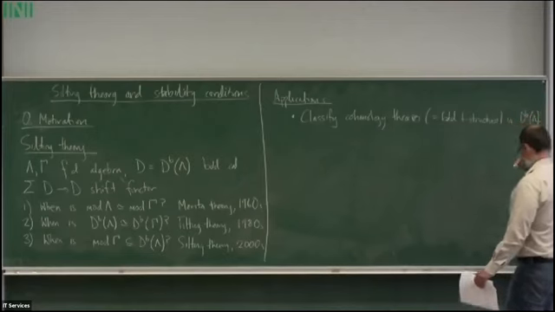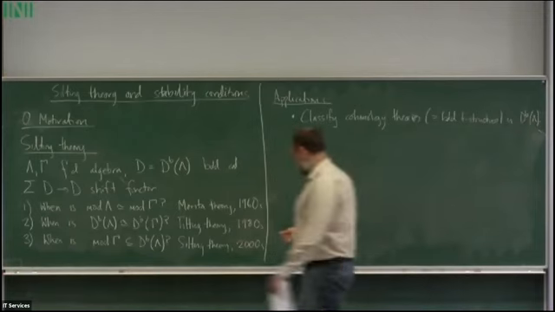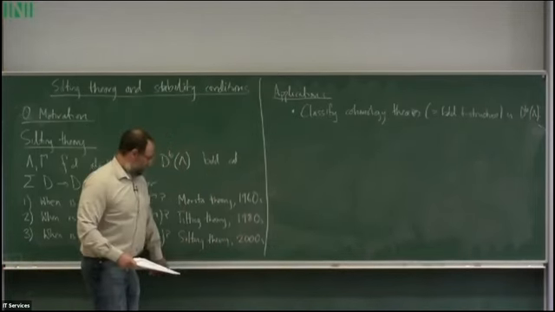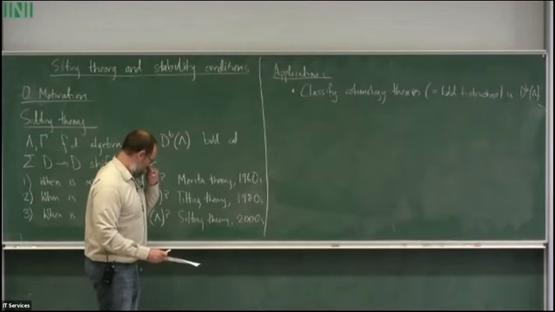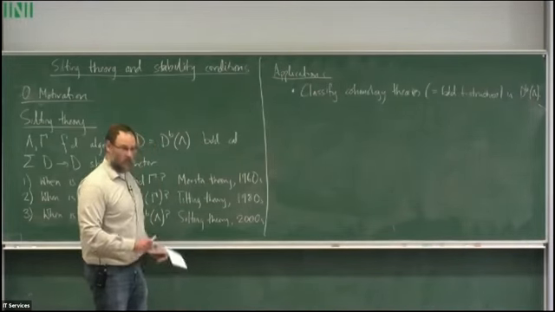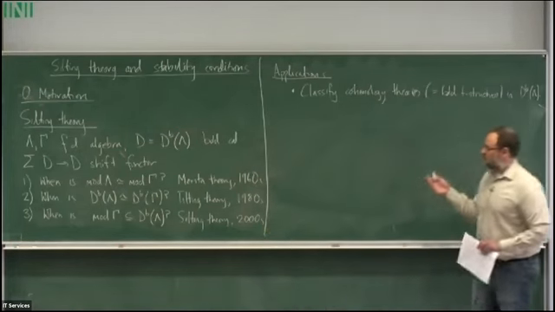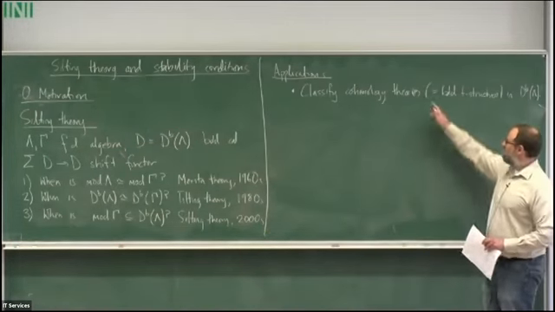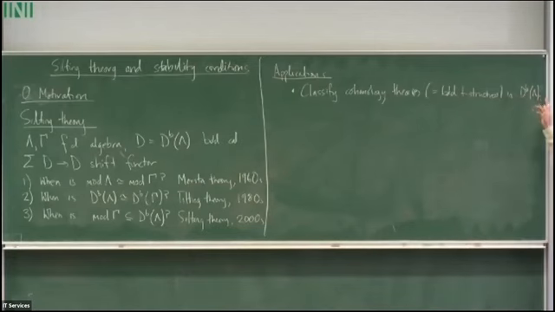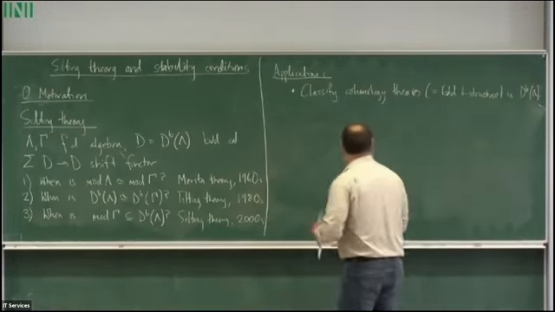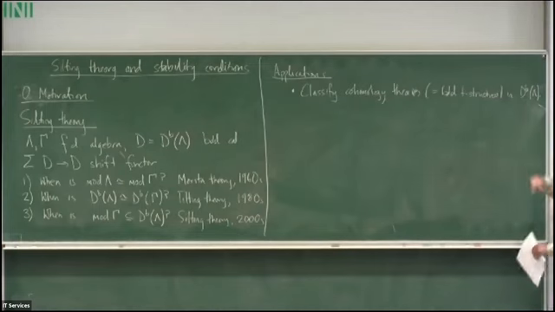Right. Actually, I'm kind of lying a little bit here when I say silting theory goes back to the early 2000s. The modern incarnation goes back then, but silting was first observed in the 1980s by Keller and Vossieck, and they used silting objects to classify bounded t-structures in derived categories of representation-finite path algebras, so ADE quivers.